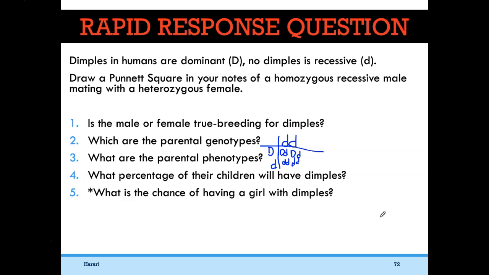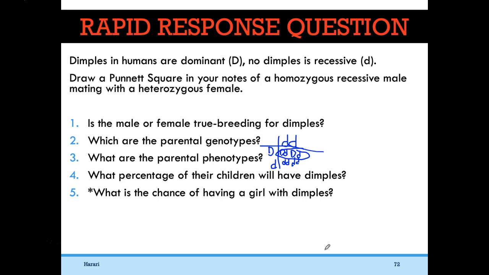What is the chance of having a girl with dimples? So this is where we have to use the product rule. So the product rule says, what is the chance of two separate things happening? You just multiply the separate probabilities. So what is the chance of having a child with dimples? 50%. Right, according to this. 50% will have dimples. What is the chance of having a girl? Again, 50%.